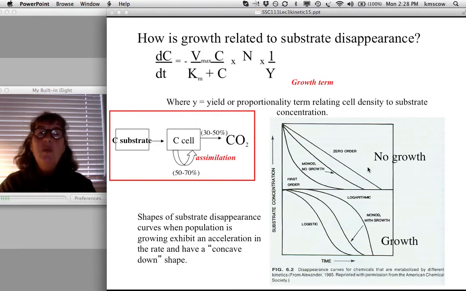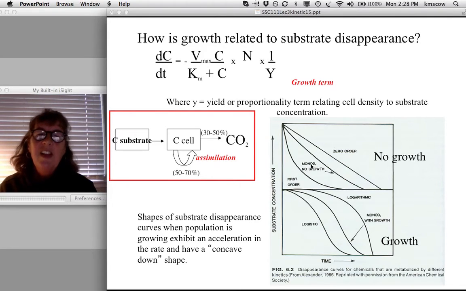Okay, so then we get these shapes of these curves, which are of substrate utilization, right? Substrate concentration over time that we talked about at the end of the substrate utilization part of this lecture. Remember, we have a first order shape here, and we have a zero order shape there, and then we have that Michaelis-Menten region.